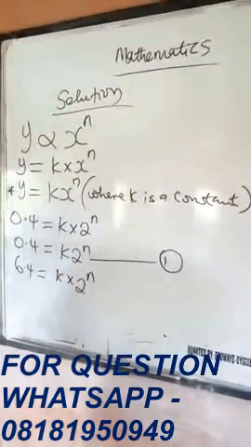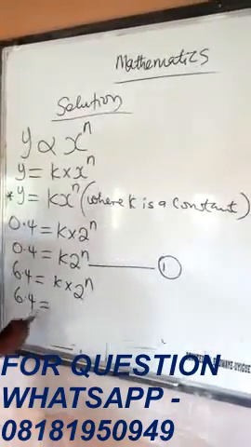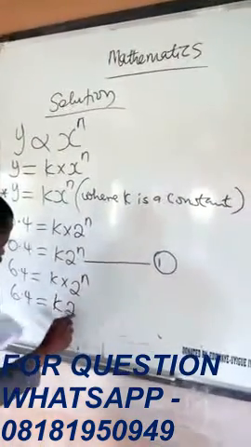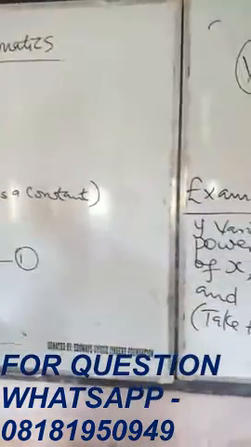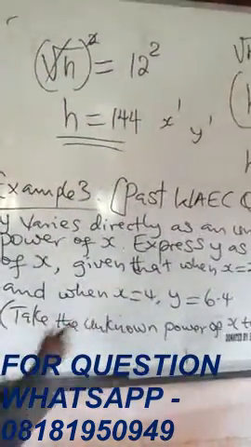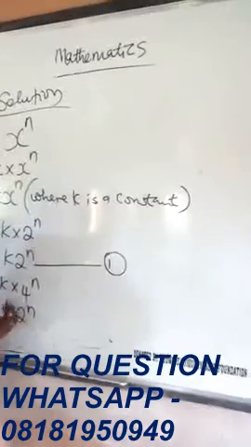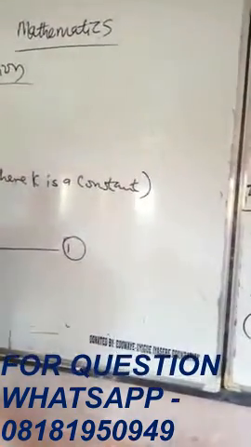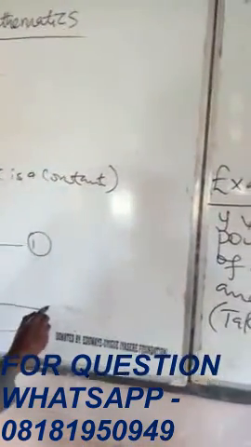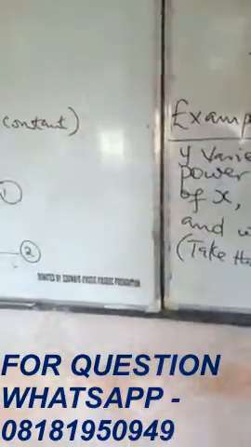Sorry, s is 4 here. So 6.4 equals k 4 raised to power n, I call here equation 2. Are you there now, students? So let's proceed.